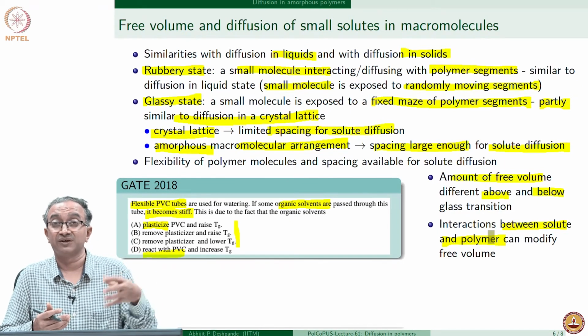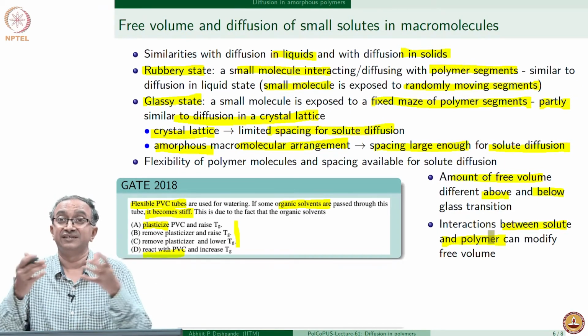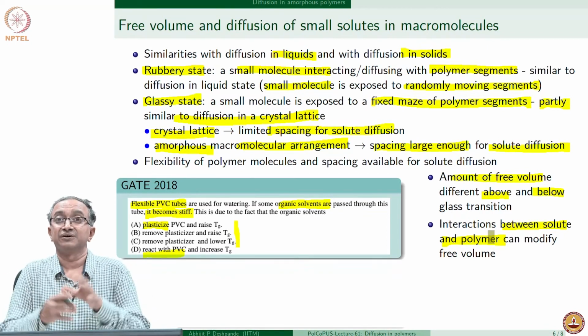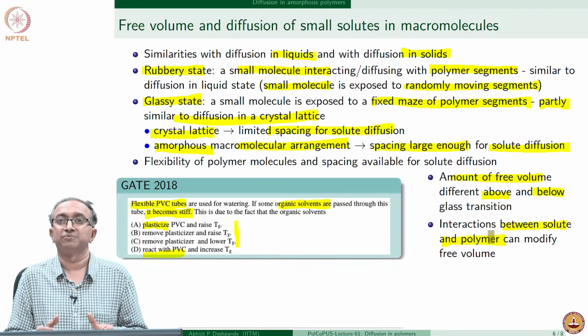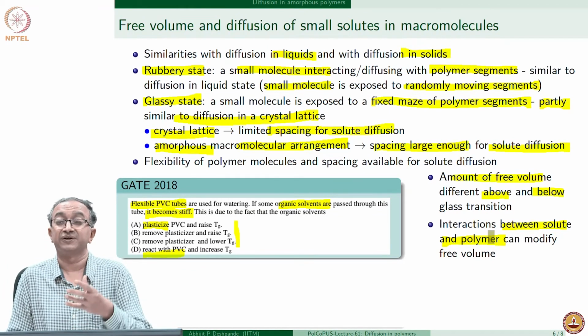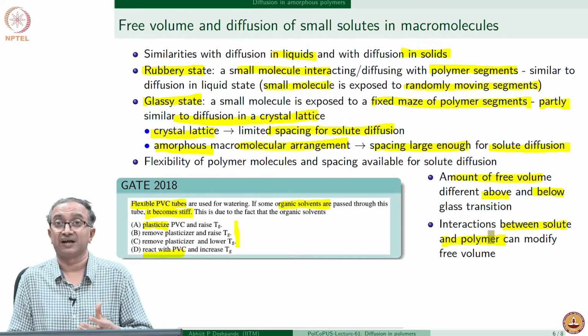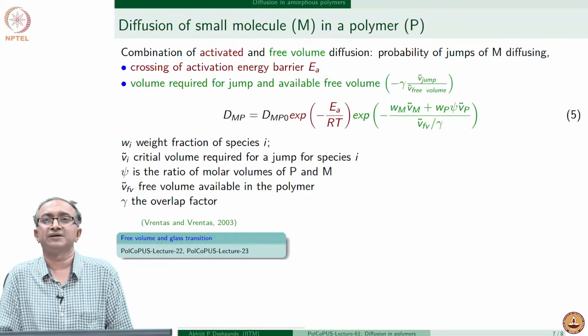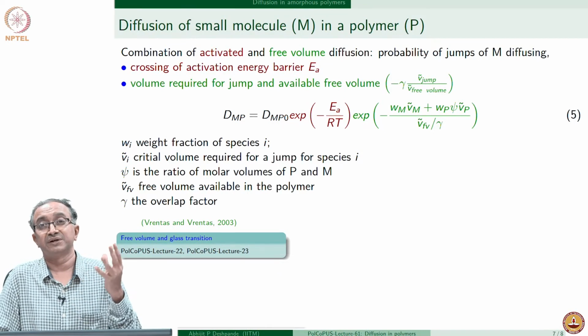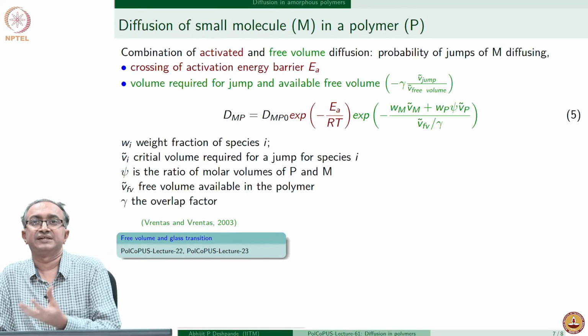And so, as water is coming in, it is in fact changing the background or the lattice which is around it, or the host macromolecules which are around it, and so therefore, it can have very different diffusion coefficient because of these interactions. So, let us look at, conceptually, how we frame the dependence of diffusion coefficient on, let us say, temperature.